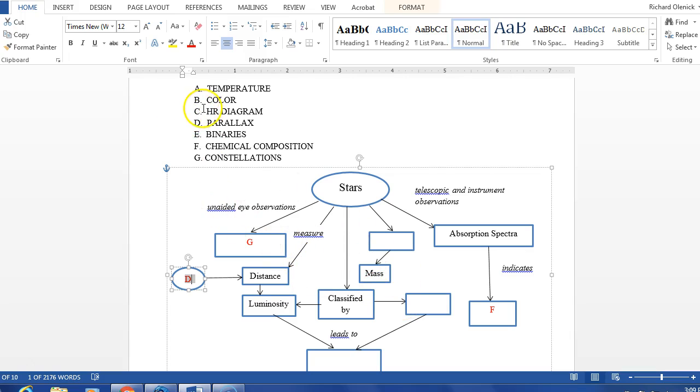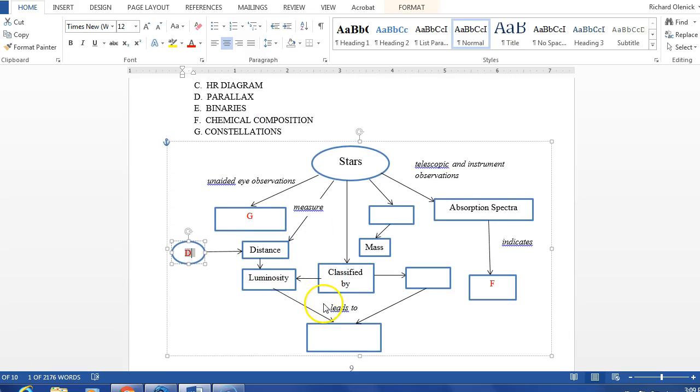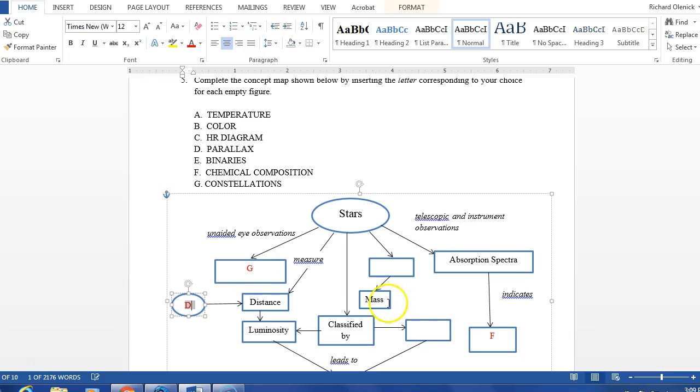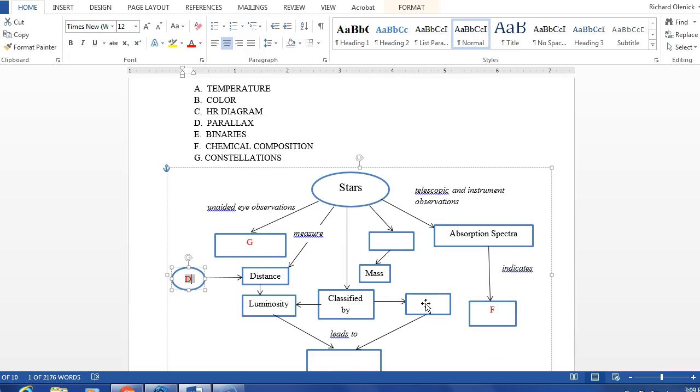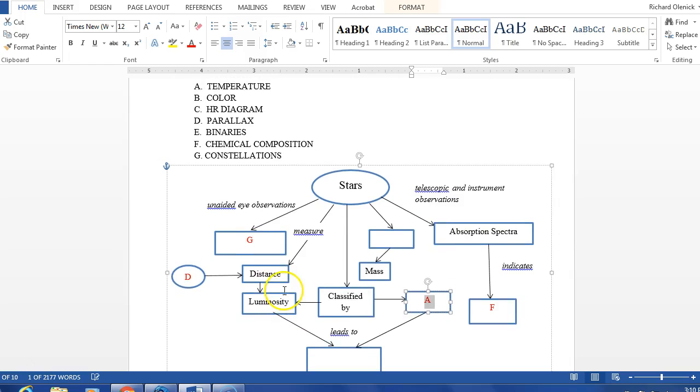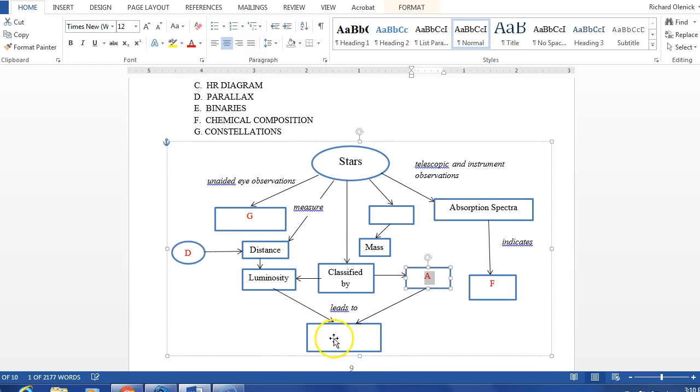We classified them by luminosity, yes, and by temperature. So over here we'll put answer A for temperature. And luminosity and temperature, when we plot them, we know that leads to the HR diagram.